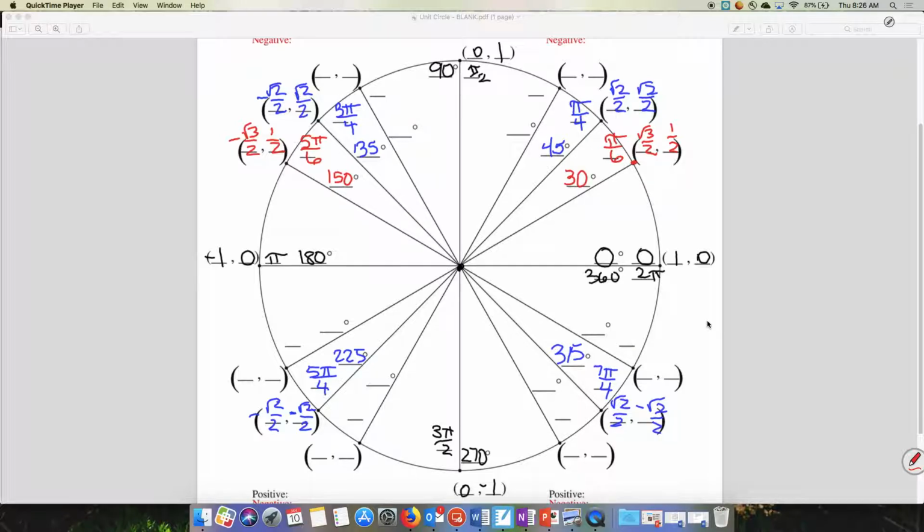In the third quadrant, we're 30 degrees past 180. Or, in radians, we're pi over 6 past 1 pi. 7 pi over 6. Okay. Some of you probably already have this filled in.